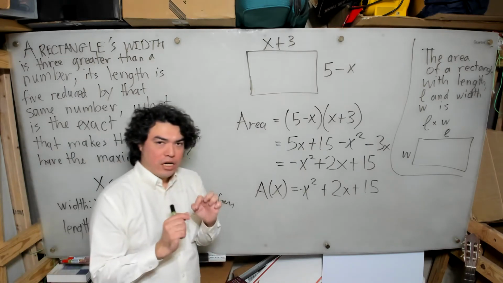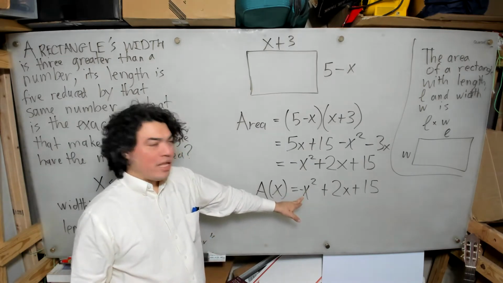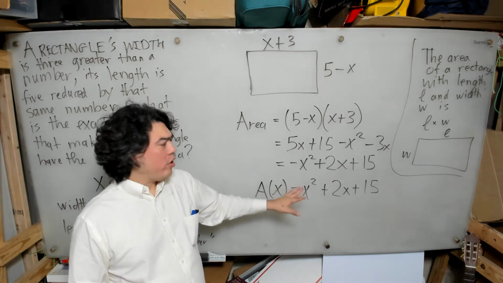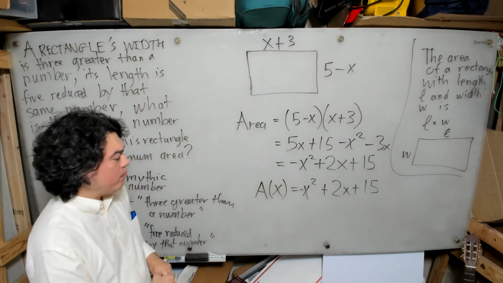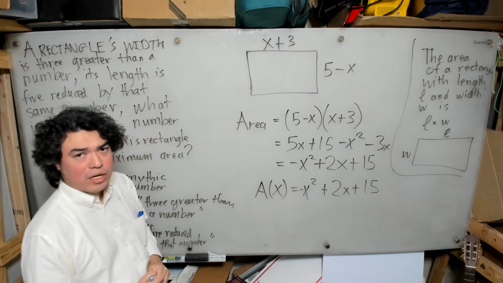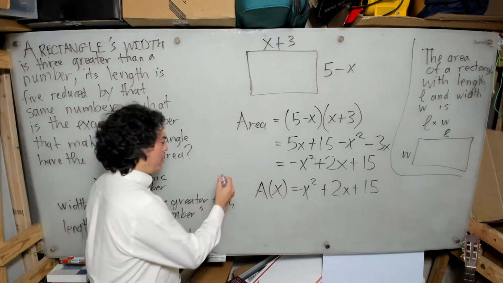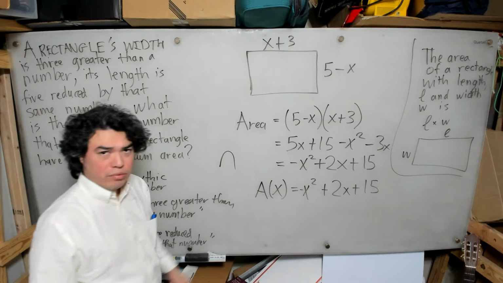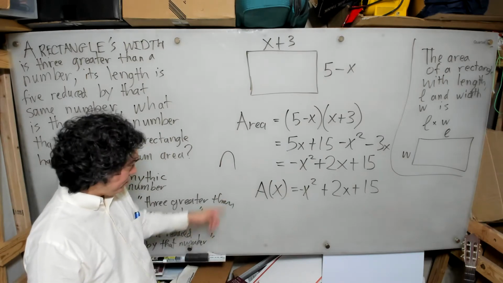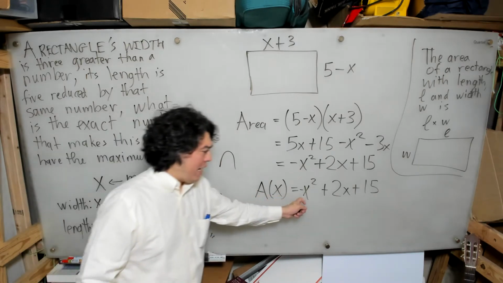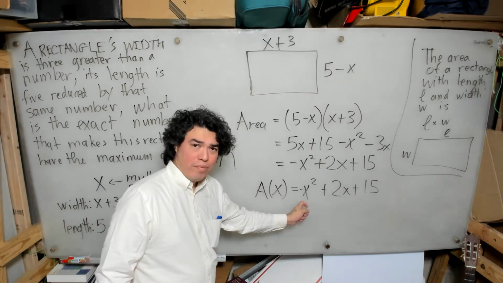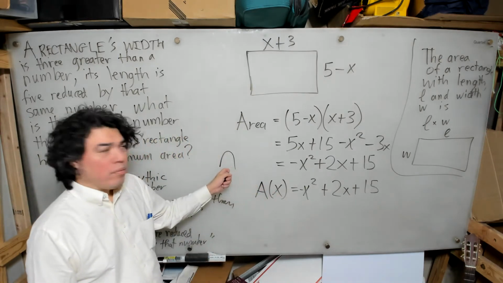Now I want to make a very clear point here. Since we know that this a is negative, we know that if we were to graph this quadratic, and in fact we will, because I want to discuss a little more than that, right? But we wouldn't necessarily have to answer this question because we're going to calculate the vertex right now directly. But because the coefficient of the x squared term is negative, we know that it will be like this.